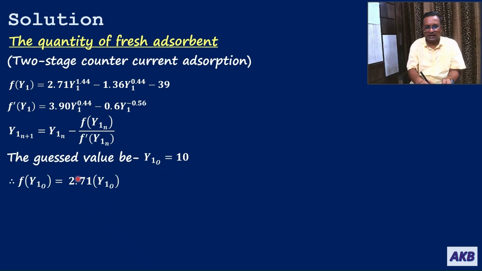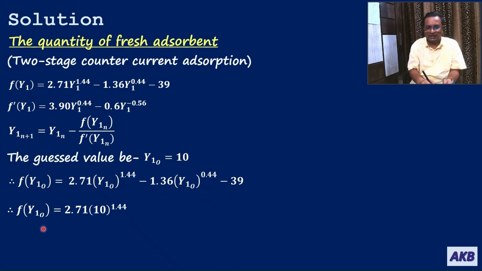So I will have to calculate the function at this guess value, that is f of y10, which is 2.71 into y10 raised to 1.44 minus 1.36 into y10 raised to 0.44 minus 39. When I use the value of y10, f of y10 is equal to 2.71 into 10 raised to 1.44 minus 1.36 into 10 raised to 0.44 minus 39.